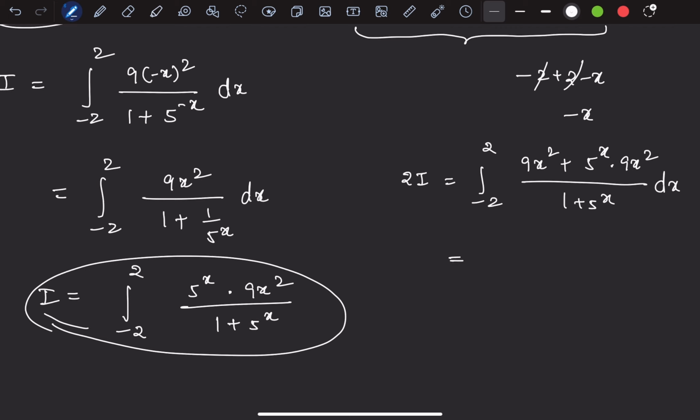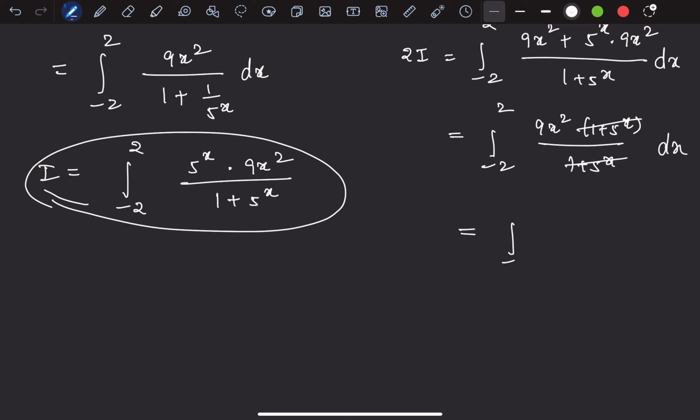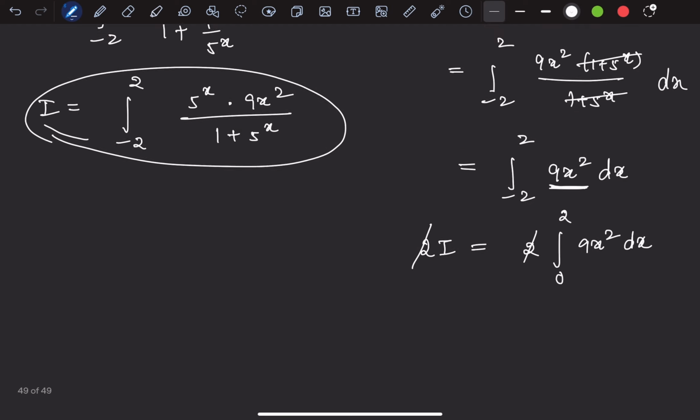This can be written as integral minus 2 to 2, 9x square into 1 plus 5 power x by 1 plus 5 power x dx. So this and this get cancelled: integral minus 2 to 2, 9x square dx. Since 9x square is an even function, you can write this as 2 times integral 0 to 2, 9x square dx. So this is 2I, so 2 and 2 get cancelled.